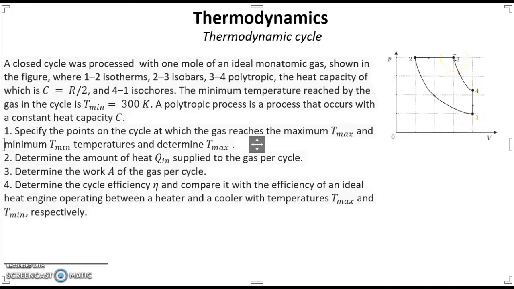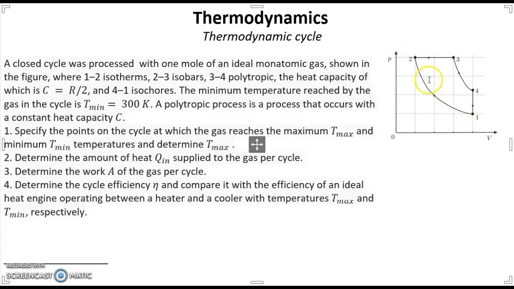And the process from 3 to 4 is a polytropic process. During this process, temperature is either constantly increasing or constantly decreasing. And it means that temperature during this process cannot be less than the minimum temperature during process 1 to 2.